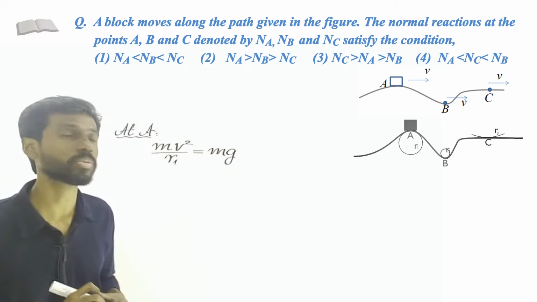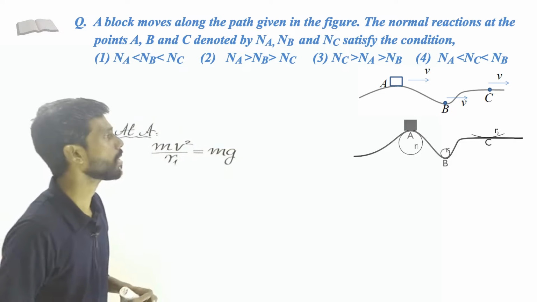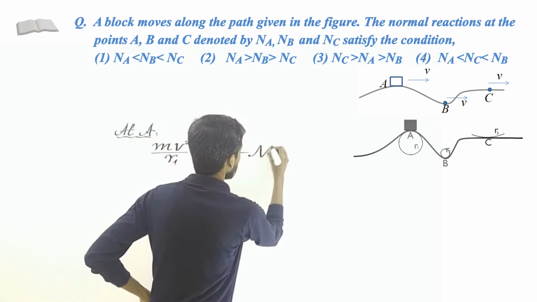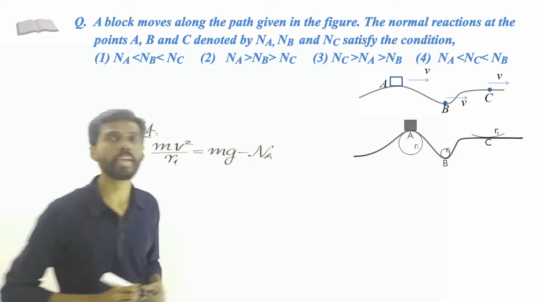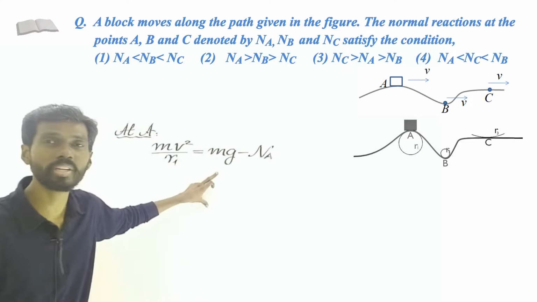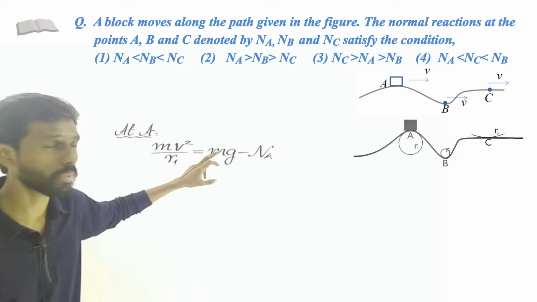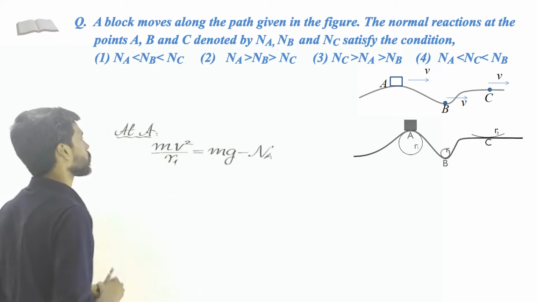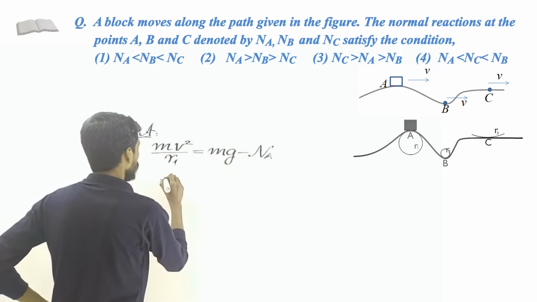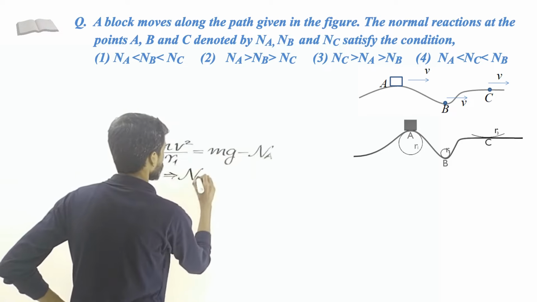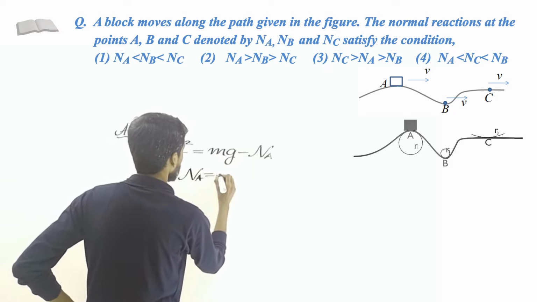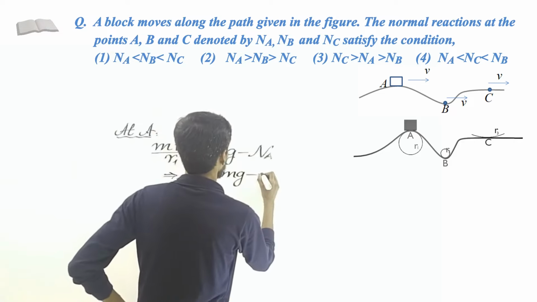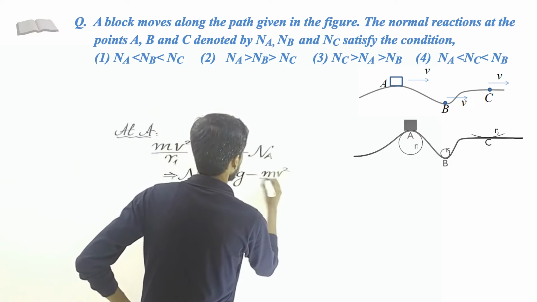Let us take the normal reaction at the point A as Na, with a minus sign. So this is the total force in the vertical direction, which is the centripetal force. This gives the normal reaction Na equals mg minus mv square divided by r1.